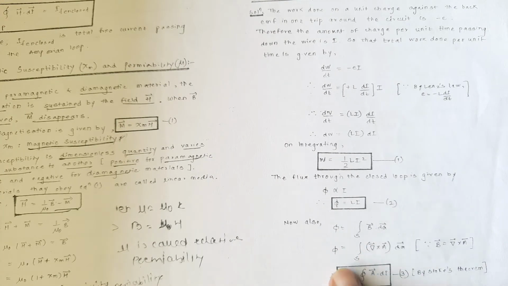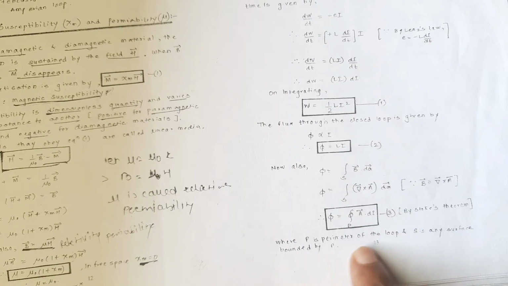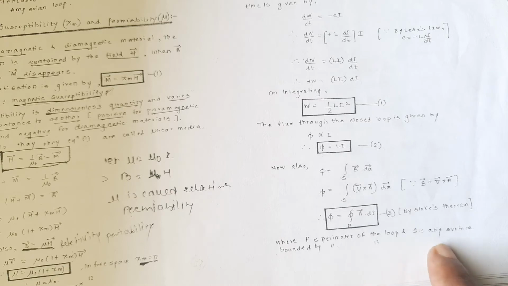B is equal to del cross A, so phi is the closed line integral of A dot dl over P, where P is the perimeter of the loop and S is any surface bounded by that perimeter.